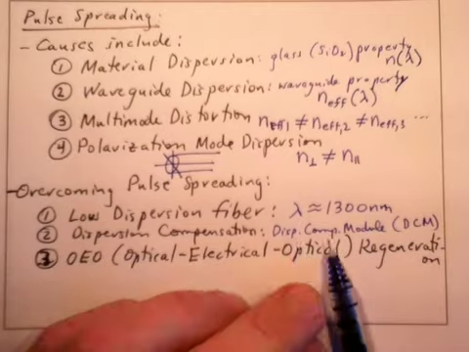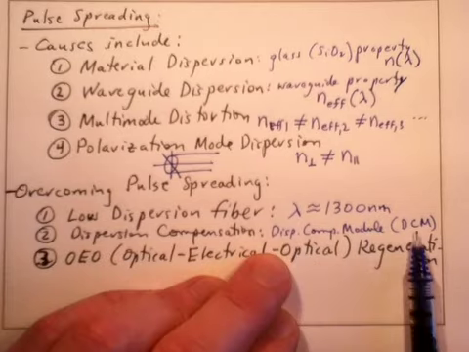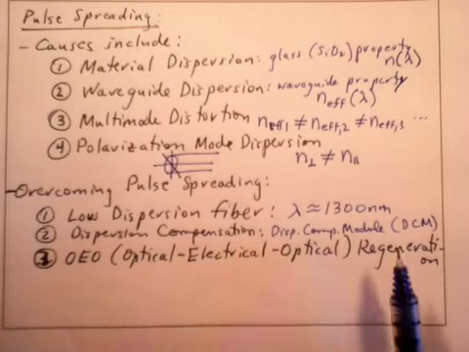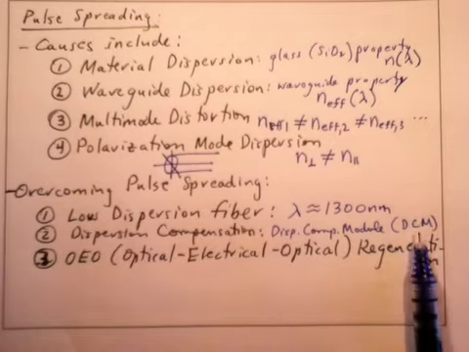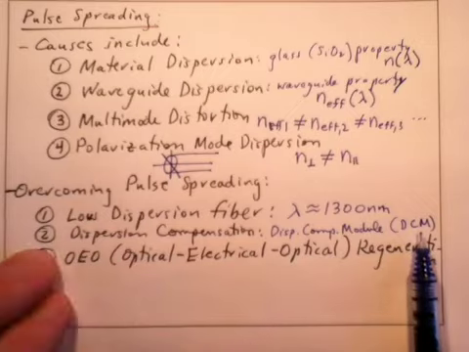Or we can have various types of optical elements that through tricks of phase manipulation can compensate dispersion. Okay, we'll study that in a system level example later on in the semester. But we can use dispersion compensation modules to compensate for dispersion.